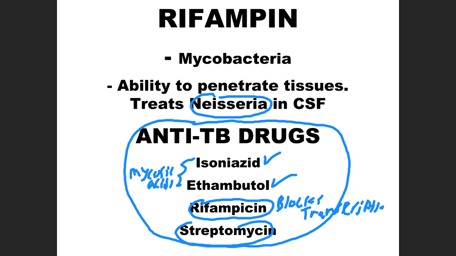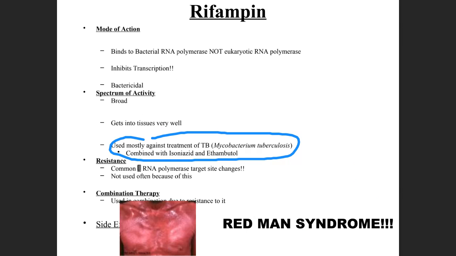So let's say a child in a family has meningitis caused by Neisseria meningitidis, but the other people in the family are not infected. Then doctors would also prescribe rifampin to the uninfected family members to prevent them from getting sick. Okay, so it's used for those two specific cases.